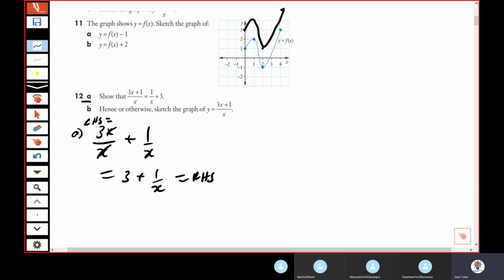Separate it. If you ever get stuck with LHS trying to get to the RHS, there's nothing stopping you saying, hey, what's RHS? RHS is 1 on x plus 3. Oh yeah, let me do common denominator. Oh yeah, that looks the same as the left-hand side. Just be aware, a lot of students get stuck on questions like this in the HSC because they feel like they've always got to do LHS to RHS. You could have done RHS to LHS.